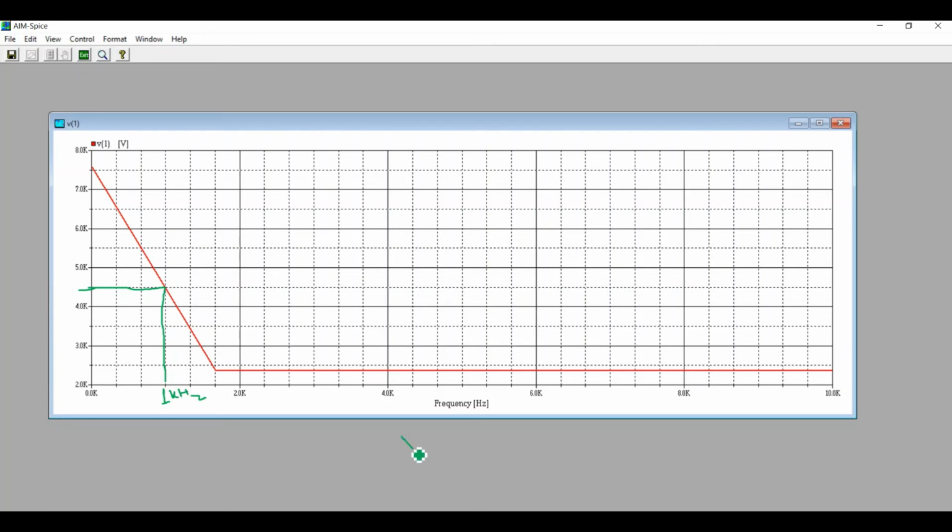So Vin is nothing but V1, which is equal to 4.5K.